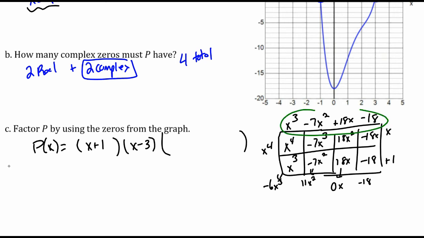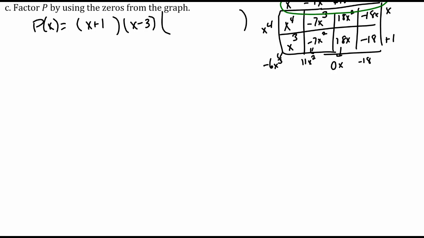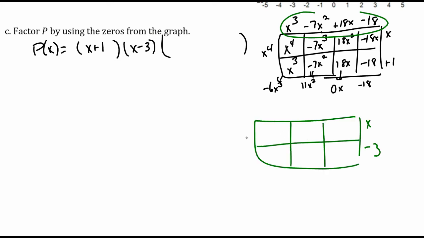So now I took care of the x plus 1, but now I need to take this answer and divide out the x minus 3, because I don't need the x minus 3 stuck in there. So let's do another division of x minus 3. And I'm going to divide out x cubed negative 7x squared 18x minus 18.